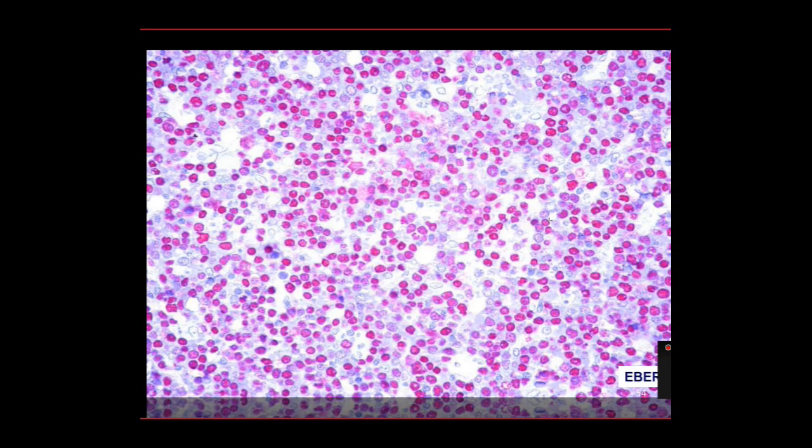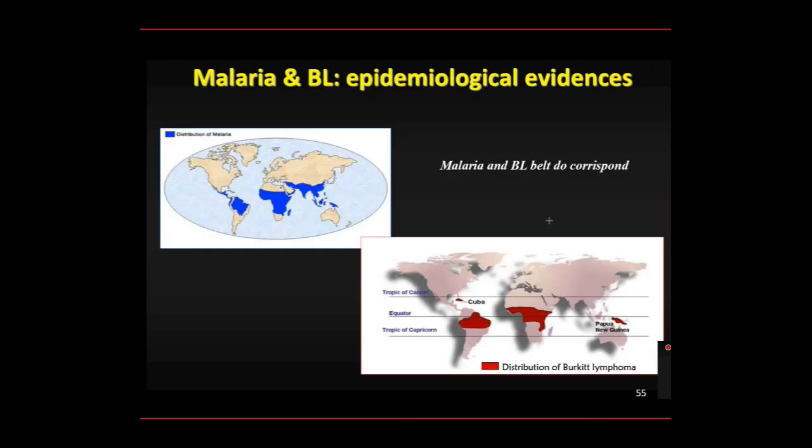With each replication phase, we will have dilution of EBV. So it may happen that when you see the patient, you don't see EBV, but EBV was there when transformation initiated.